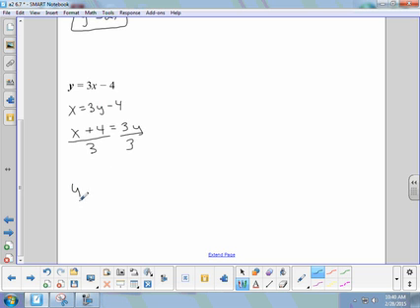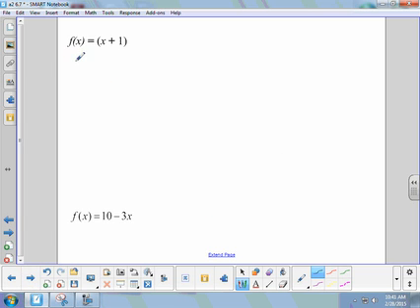And I get y equals x plus 4 over 3. And I want to show that it's an inverse, so I'm going to put that -1 up there, that superscript. You could leave it like this. The way I would prefer to write it, though, because I know it's a line, is in y equals mx plus b form, just because I like that a little bit better. Either way, though, is fine. And I have a line, so yes, it is a function.